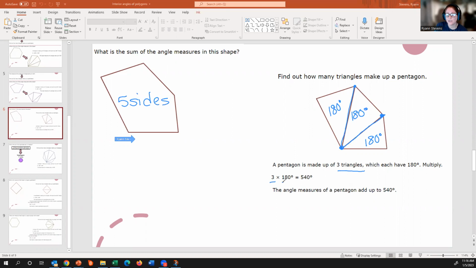So we multiply 3 times 180, and we get that the angle measures of this pentagon add up to be 540 degrees, which, if you remember, that's what it was for the last example of the pentagon, okay? Even though it does not look the same, you can still fit the same amount of triangles in there, and you have to remember that if you have one triangle, that the angle measures add up to be 180 degrees.